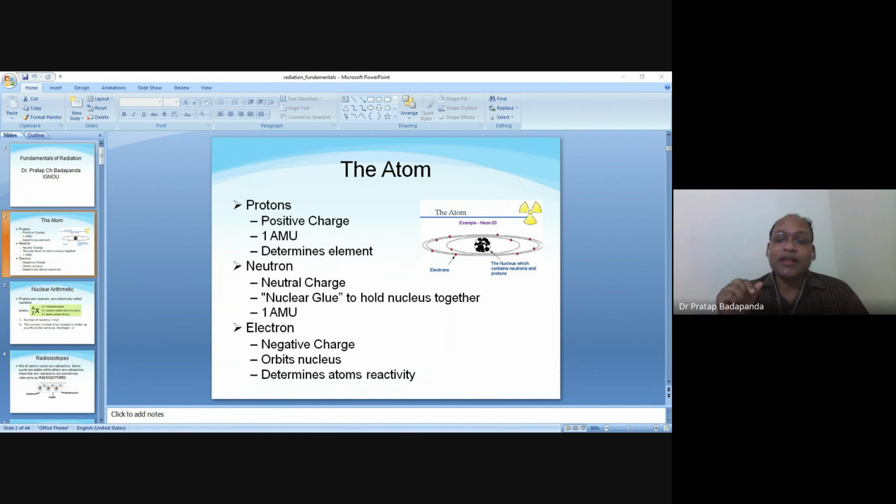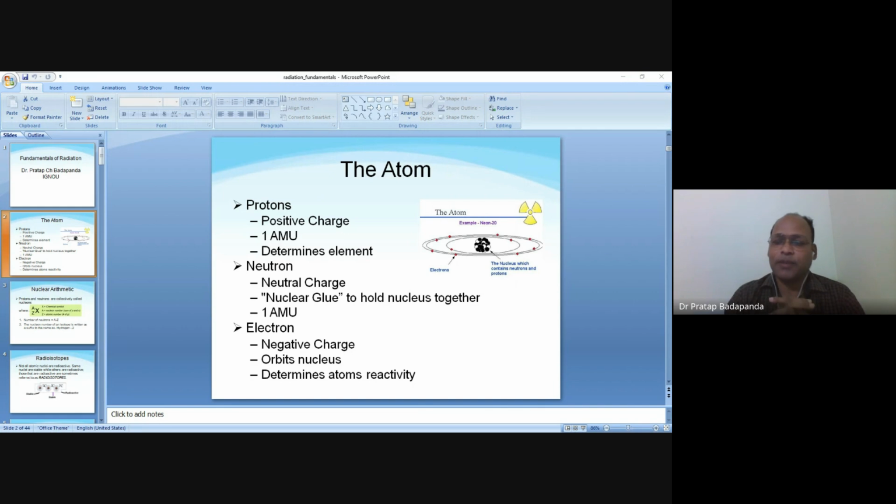One important thing is that inside the nucleus both protons and neutrons are present. In a particular atom, the number of protons is always the same, but the neutrons may be different.